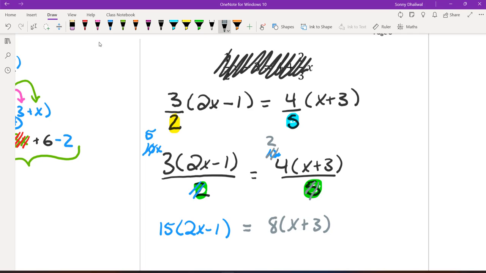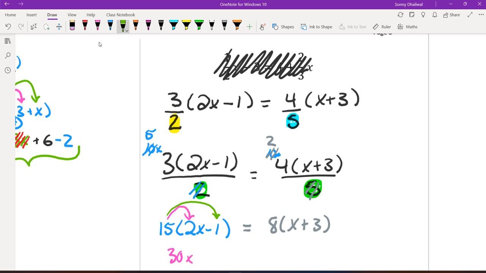So now it becomes like a question from last week. Is that okay, Hennessy? Yeah? Okay. So we take the number from the outside and we multiply it to the inside. So you go with the first multiplication. 15 times 2 is 30x. And you go 15 times this one.